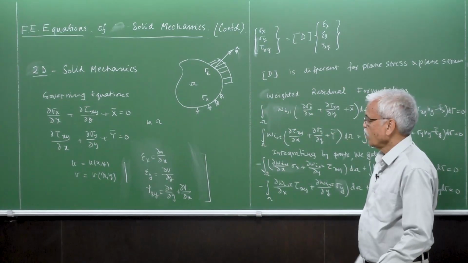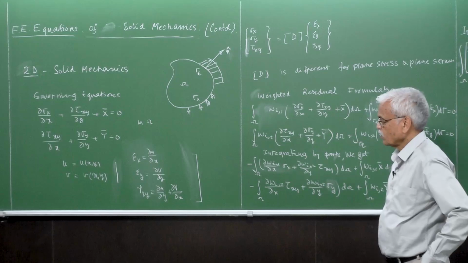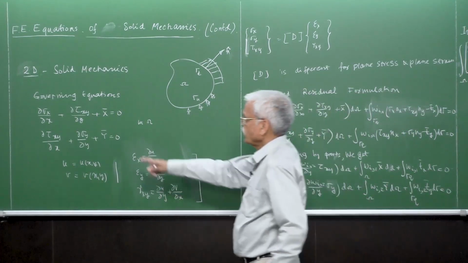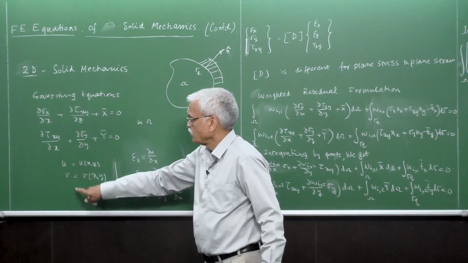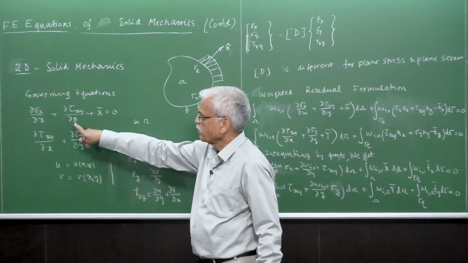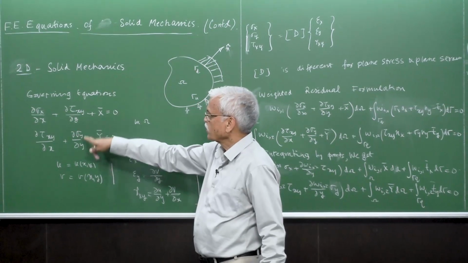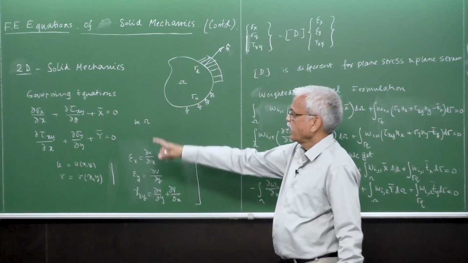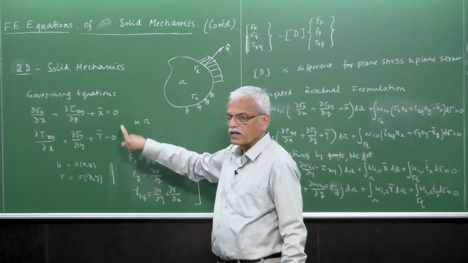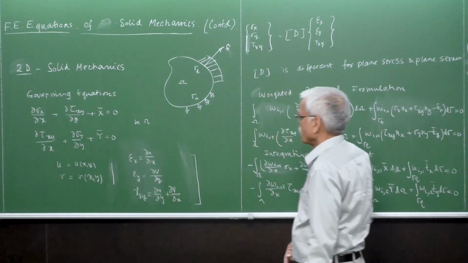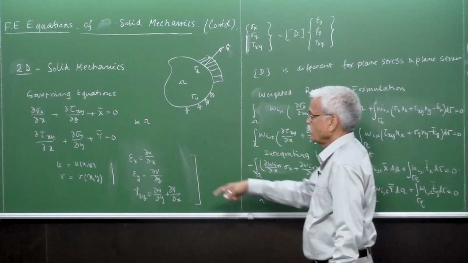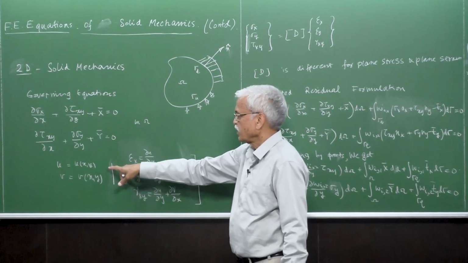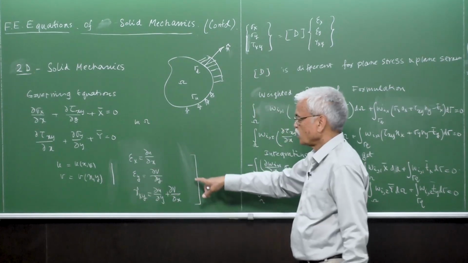These are the most popular cases, in which we have two displacements u and v, and three stresses sigma x, tau xy, and sigma y. The governing equations are given in terms of stresses, and the stresses have to be related to the displacements through strains.